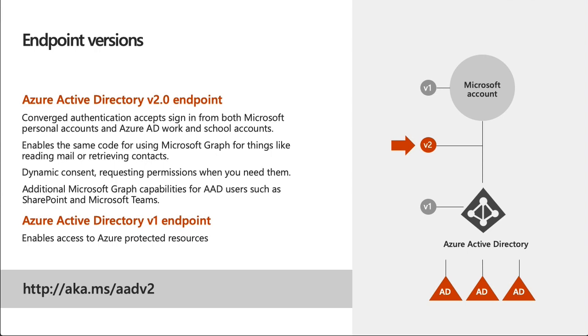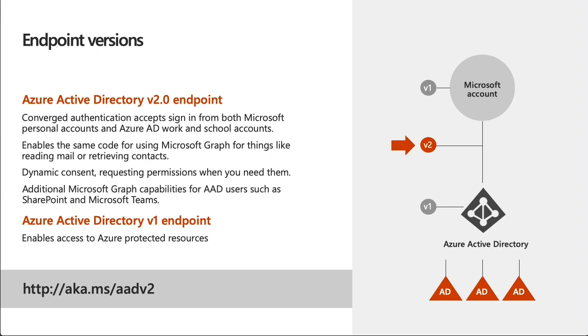Now, the next thing that's really important here is dynamic consent. What's nice about this differs from V1, where we had static consent. Now, every time you request an access token from Azure AD, you specify the permissions that you need for that access token.